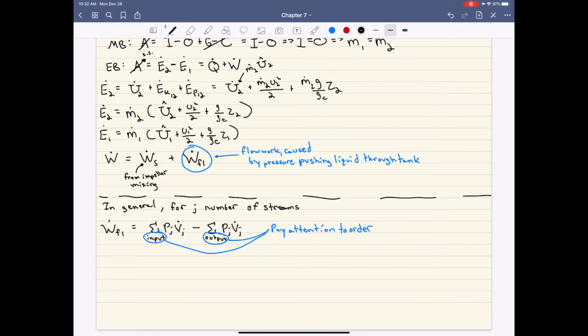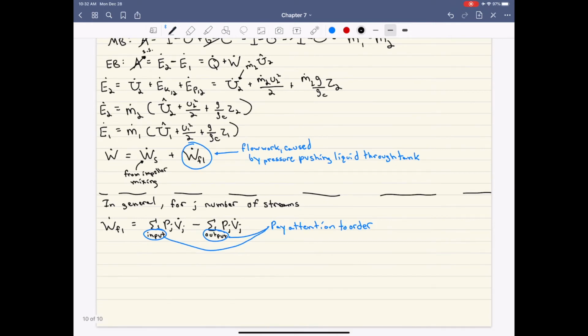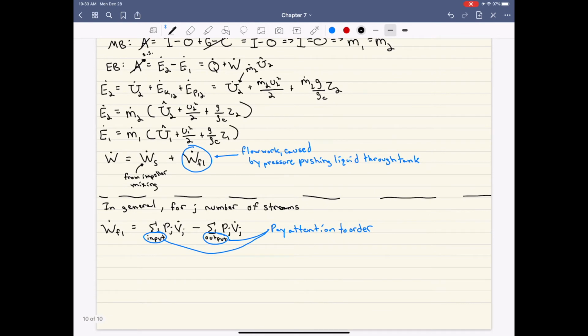So we have volumetric flow rate in our flow work term, but in the process above, I didn't use volumetric flow rate. I used mass flow rates. And so we could recast this flow work equation in terms of mass flow rates if I just invoke the specific property principle again, where the volumetric flow rate is just equal to the mass flow rate times the specific volume.